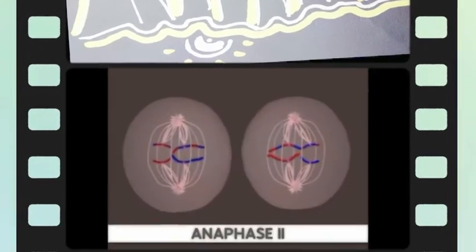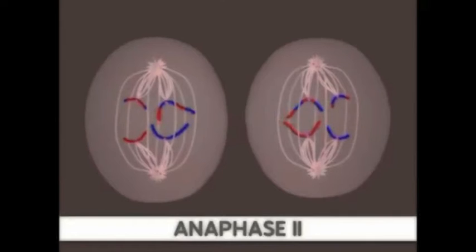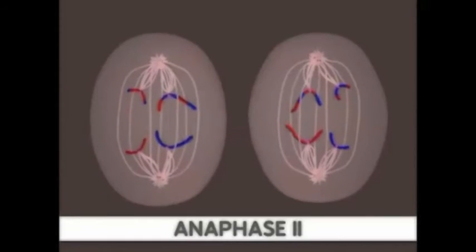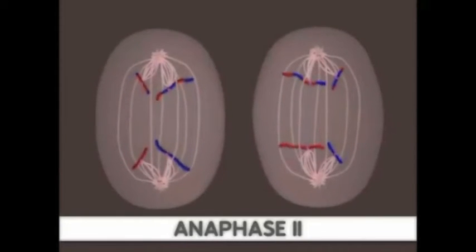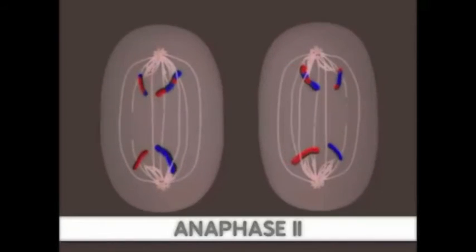ANAPHASE 2. The sister chromatids are pulled apart while the cell elongates.